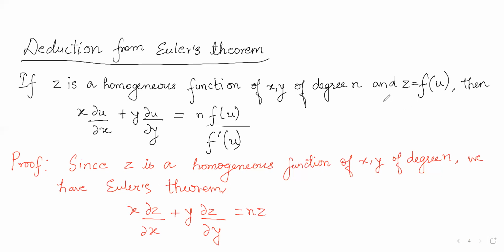And now z is equals to f of u. So we can find out del z by del x, that will be equals to f dash u and del u by del x. This u is a function of x and y, so we have taken the partial derivative with respect to x.